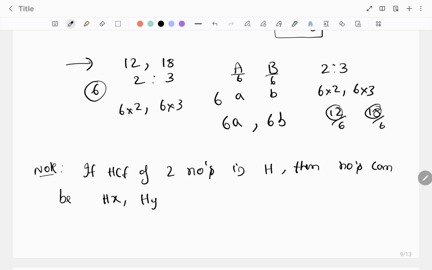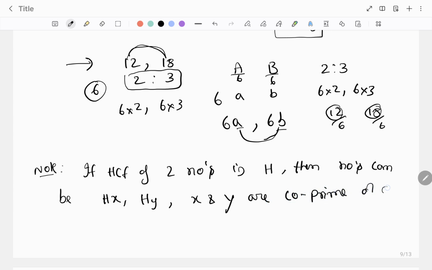If you divide a number by h, we get a quotient x; if you divide the other number by h, we get y, same as we assumed small a and small b. Then this x and y must be, see here, this 2 and 3 after dividing 18 and 12 by 6. Is there any common number to divide 2 and 3? No. So x and y are co-prime, or relatively prime to each other.